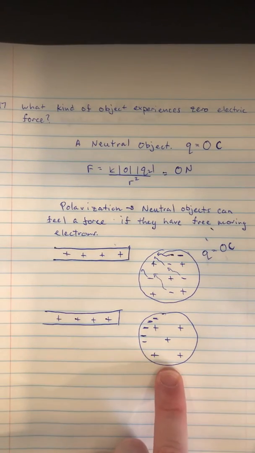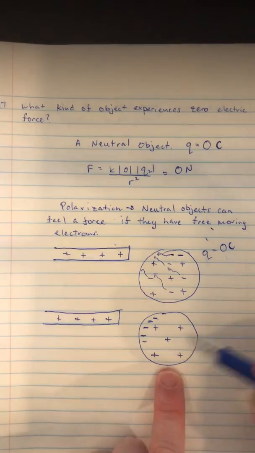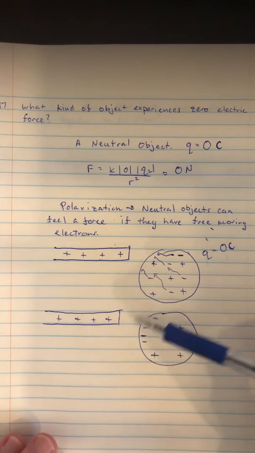Positives don't move, so only the electrons can move. So the positives stay where they are. All the electrons drift over here.